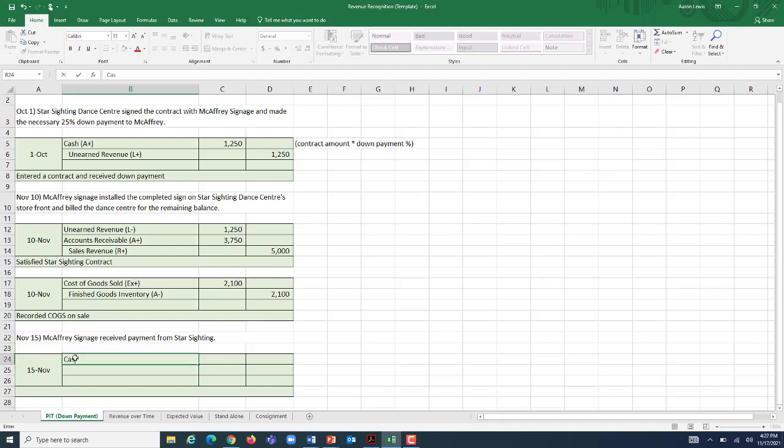Let's assume that is the amount of cash that Star Sighting is transferring to McCaffrey Signage, $3,750. And since they paid their obligation to us, that receivable should no longer be on the books. We're going to remove that receivable for the same $3,750 when we receive payment from Star Sighting.